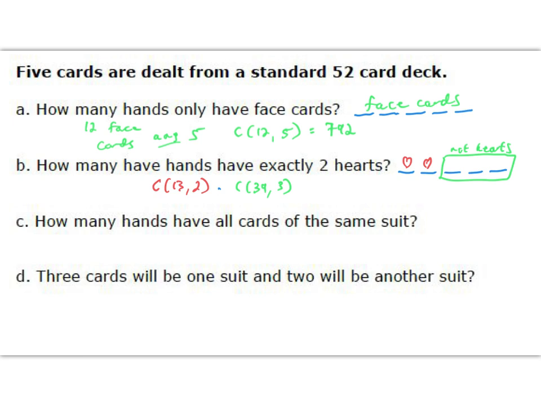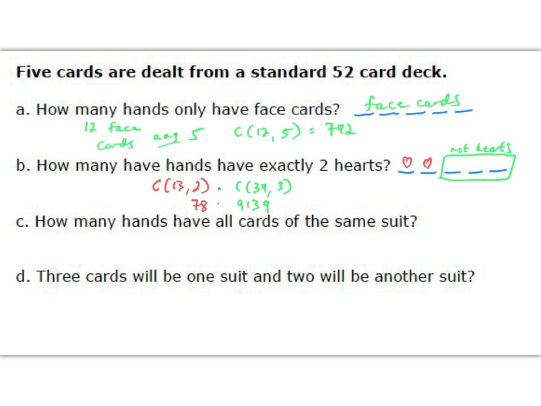So 13 choose 2, according to the calculator, is 78. And 39 choose 3, according to the calculator, is 9,139. So there are 78 ways to select 2 hearts, and 9,139 ways to select the 3 cards that are not hearts.